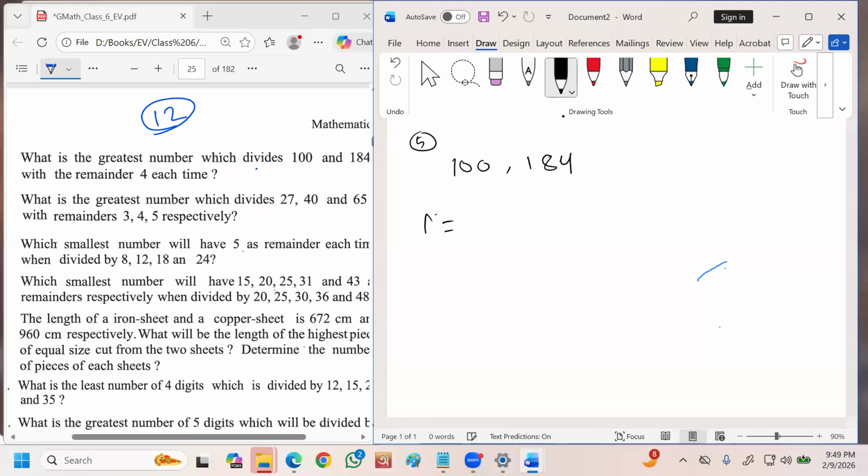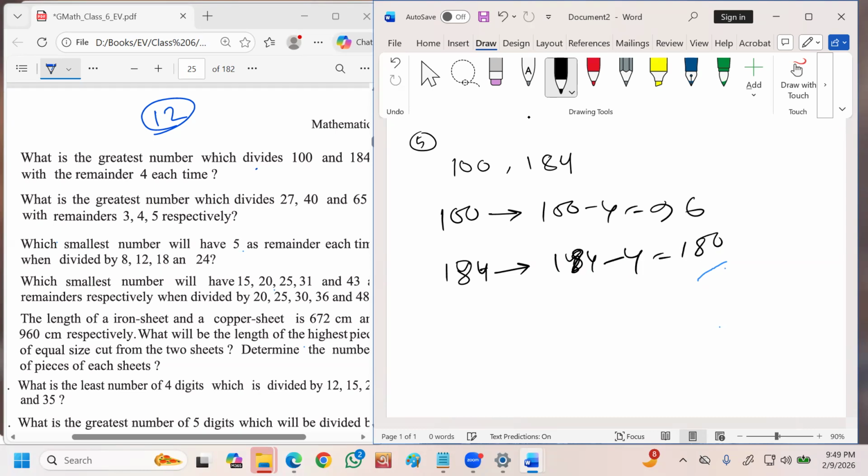That means 100 becomes 100 minus 4, that means 96. And 184 minus 4 becomes 180.